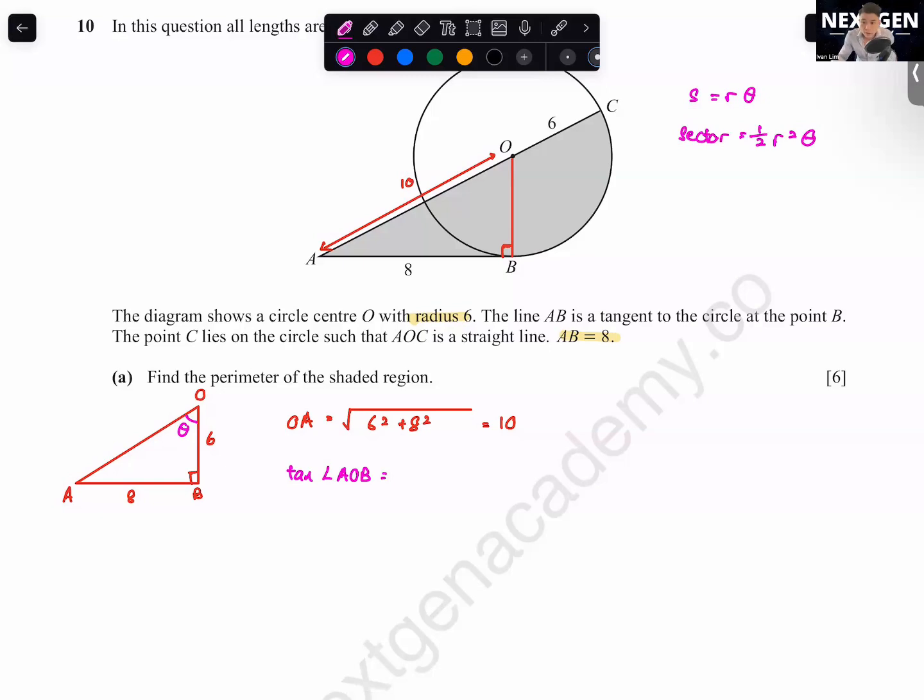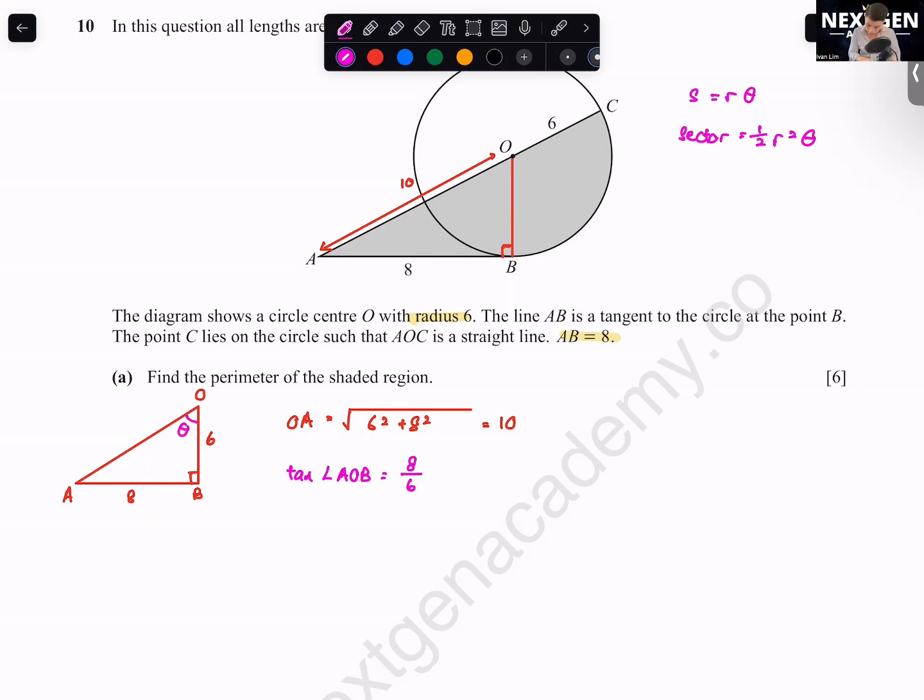Can you find angle AOB? Same thing. Angle AOB, you shift tan this. You get 8 over 6. But even if you find it in degrees first, it doesn't matter. Maybe some of you prefer calculating in degrees first, but make sure you convert it.